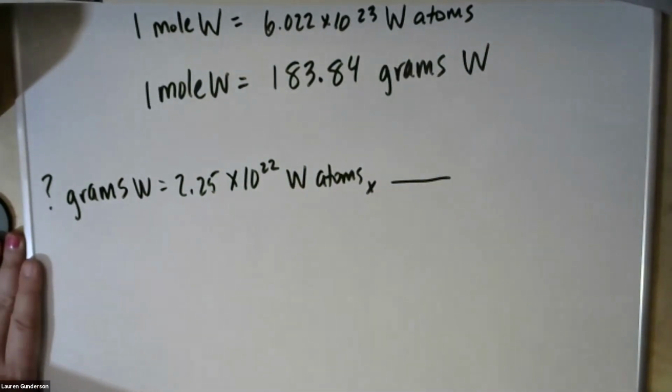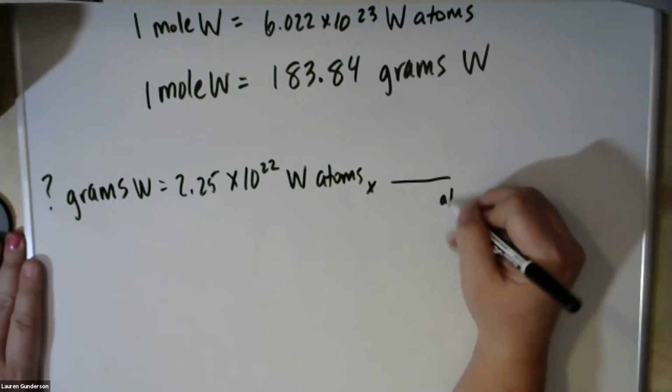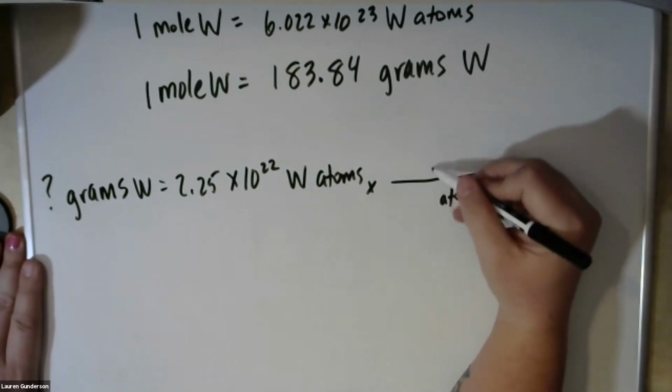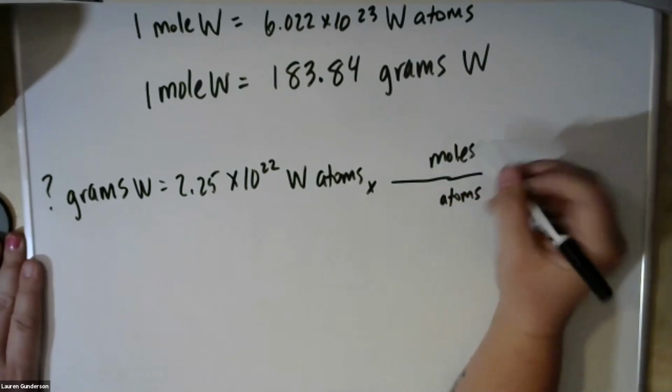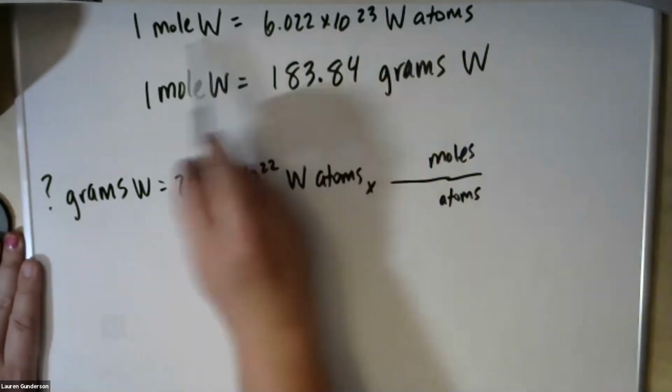Okay, so in this case, we know that we're going to put the atoms on the bottom. And we're going to put moles on the top because that's the conversion that we know that uses atoms. We are going between atoms and moles.